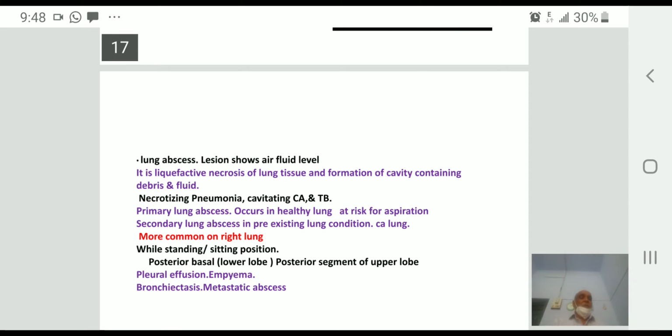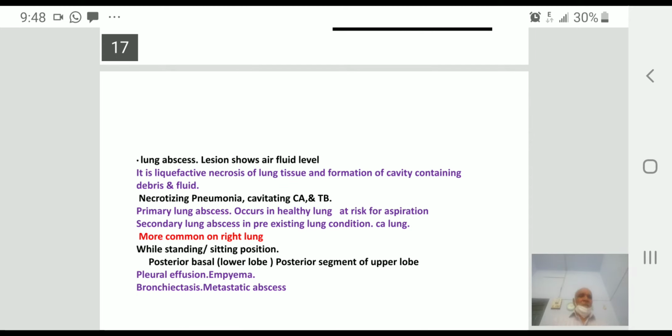Now lung abscess is more common on the right side, in the right lung. When anything goes into the trachea, it goes to the right side.